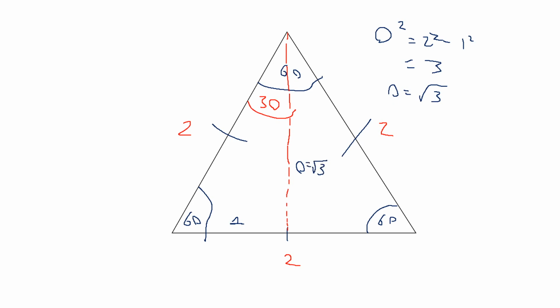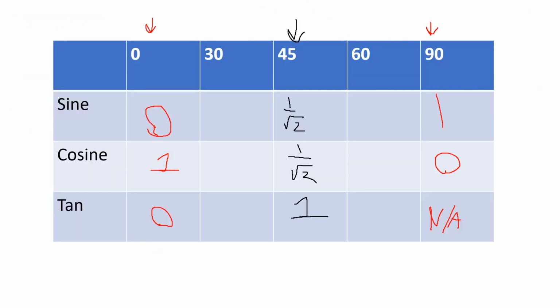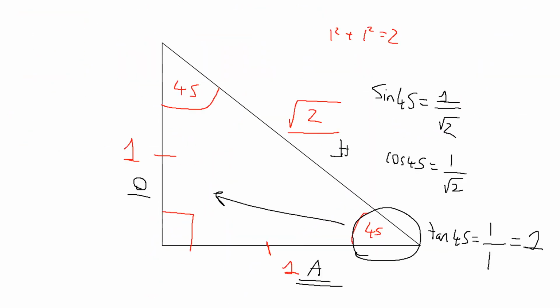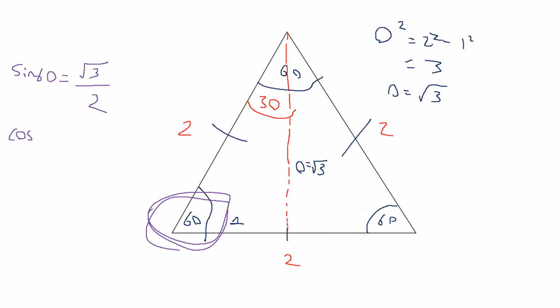Now let's take a look at this 60 degrees over here. Sine 60 is equal to opposite over hypotenuse, which is root 3 over 2. Let's write that down. Cos 60 is equal to adjacent over hypotenuse.